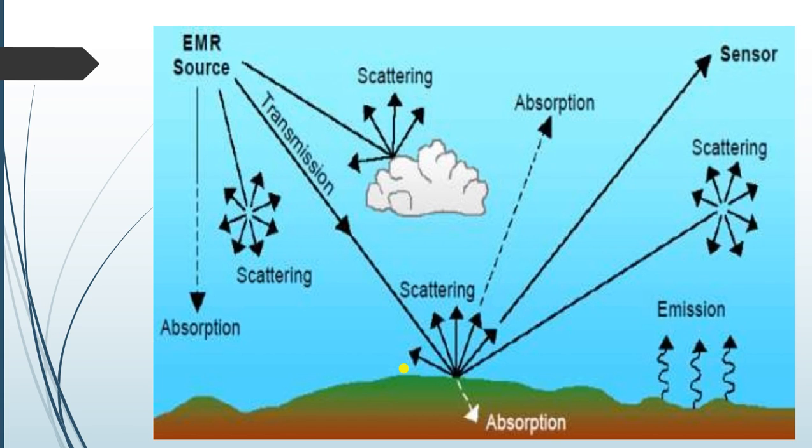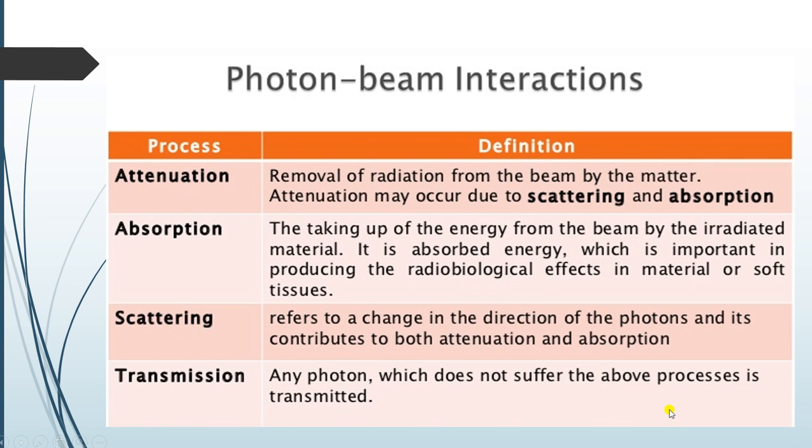These are the two chapters included in our syllabus to study scattering. So basically IR and UV absorption and transmission, and scattering are what we are going to study, and all of this can be explained briefly under photon beam interactions.